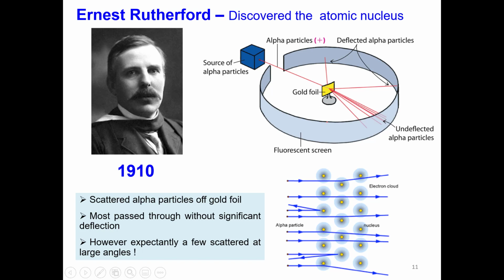What he observed is that when the alpha particles hit this ultra thin gold foil, most of the alpha particles pass through the gold foil without being deflected and hit the fluorescent screen, but a few of them were deflected at larger angles.